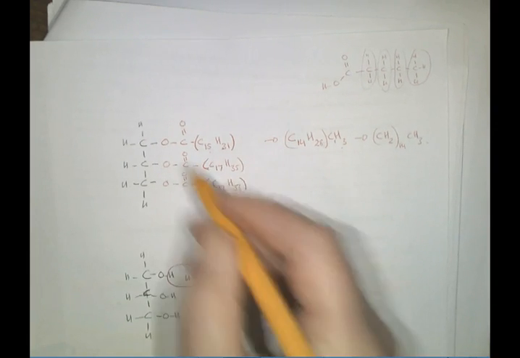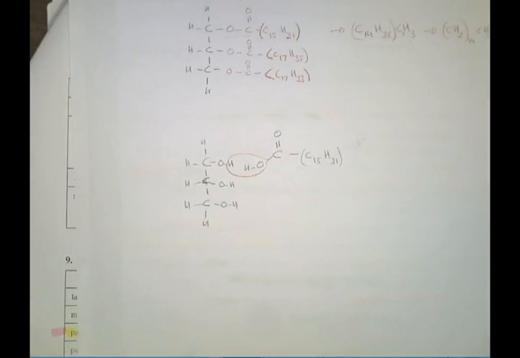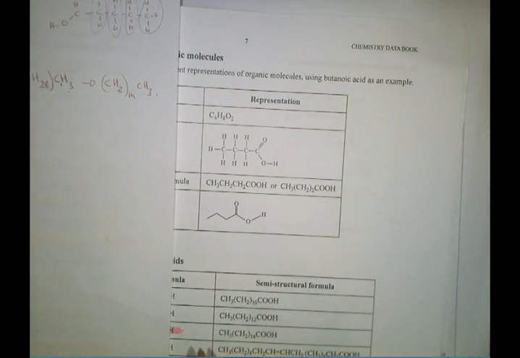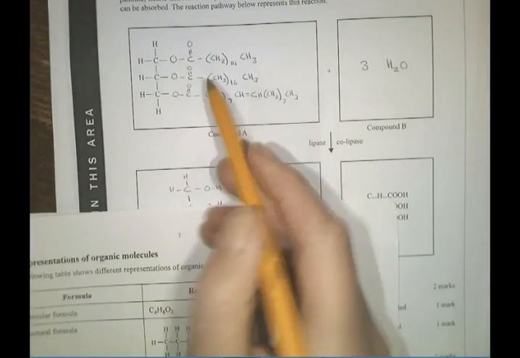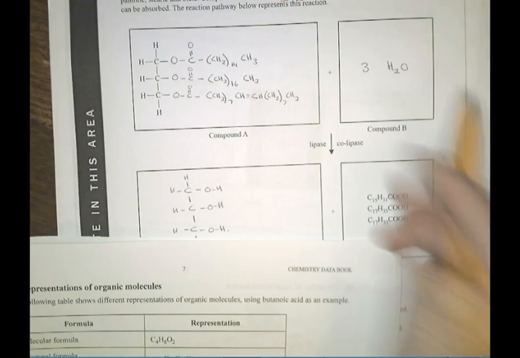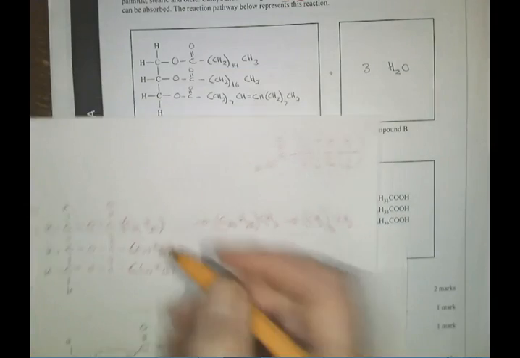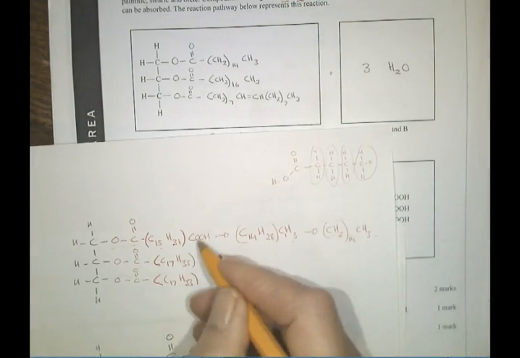I see people realise that there has to be an ester bond pointing that way, but then they forget that this molecule has to be turned around, and because it's given like that, they just write this bond and then their C15H31, and then they put the COOH on the end again, which is clearly not right.